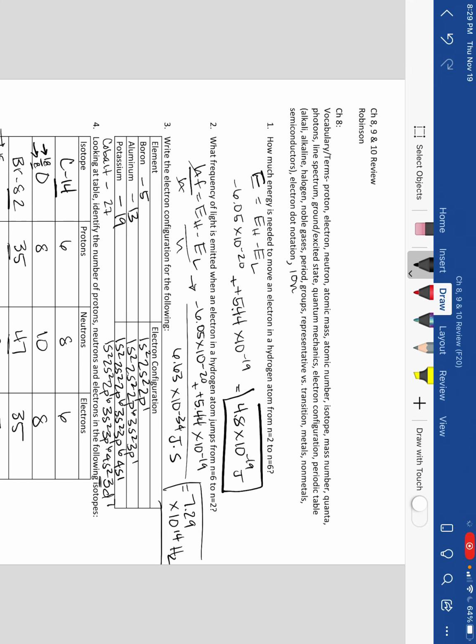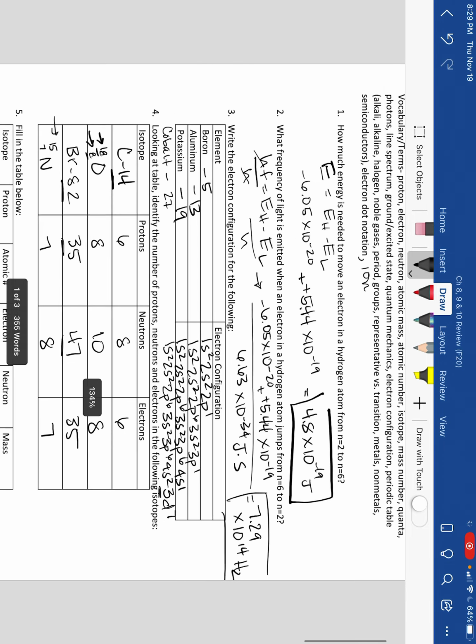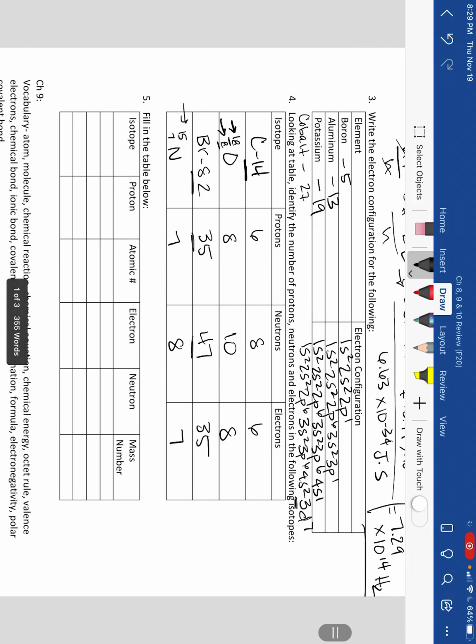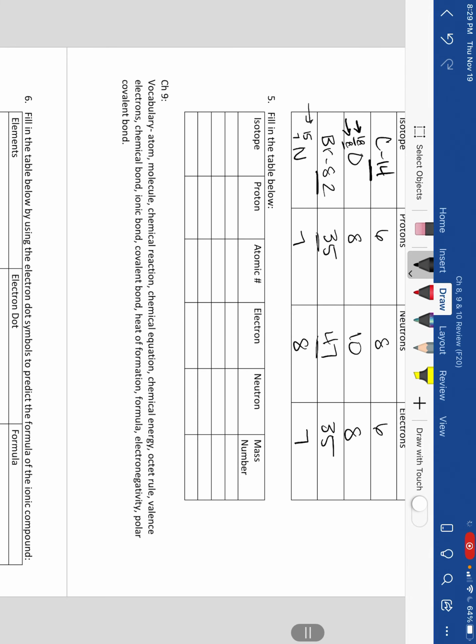So then we got to fill in this table. So I'm going to come up with something again. Sorry, guys. I'm killing it, as always. Okay, let's see. I don't know why it's zooming in. There we go. Let's see.